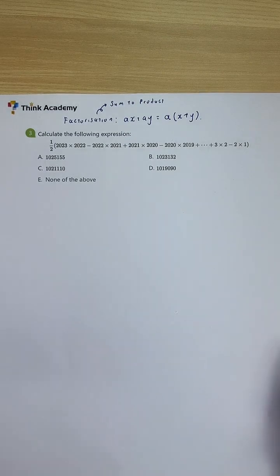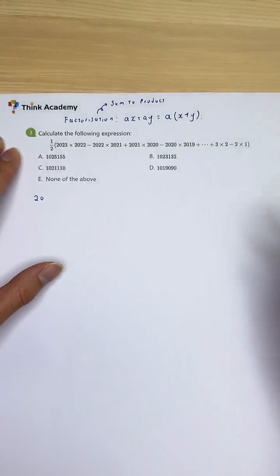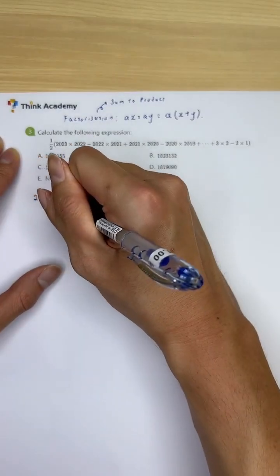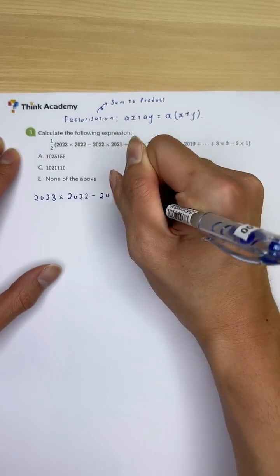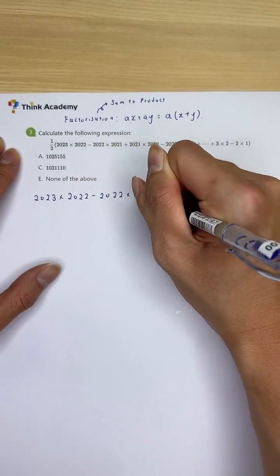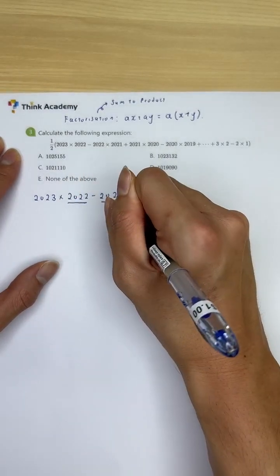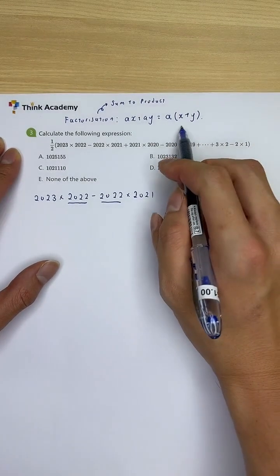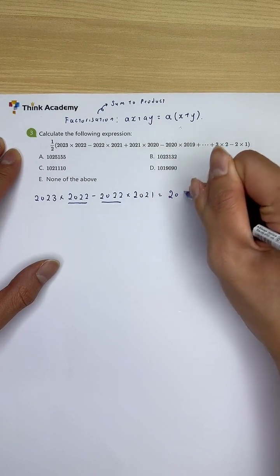Look at it carefully. We can start by looking for patterns. We can look at 2023 multiplied by 2022 minus 2022 times 2021. What's common between both of them? It's 2022 and 2022. Then using our factorization property, we can pull them out.